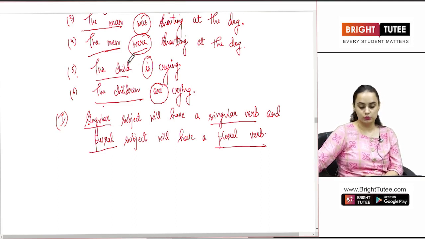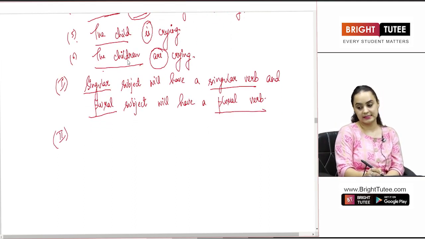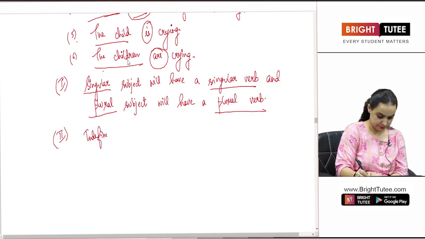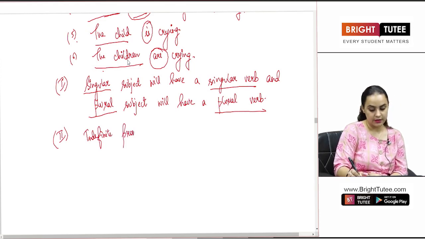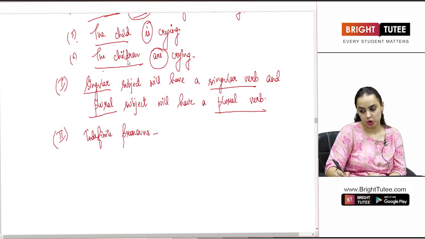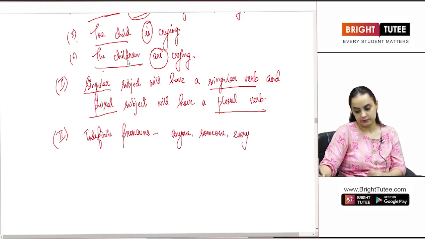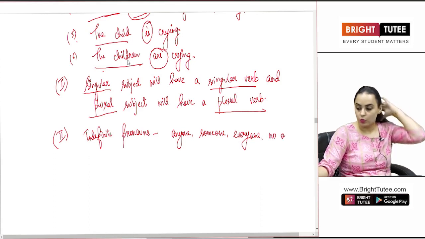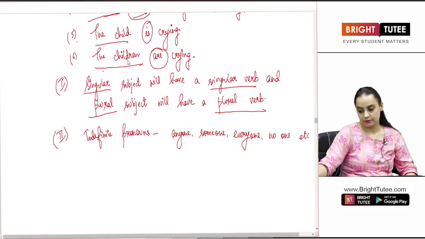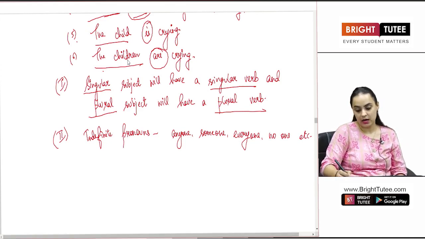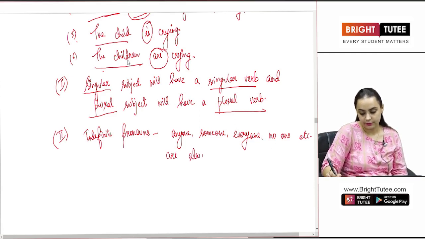The second rule of subject-verb agreement says indefinite pronouns. We have done this, indefinite pronouns such as anyone, someone, everyone, no one, etc. These nouns, these subjects, these indefinite pronouns are always singular.